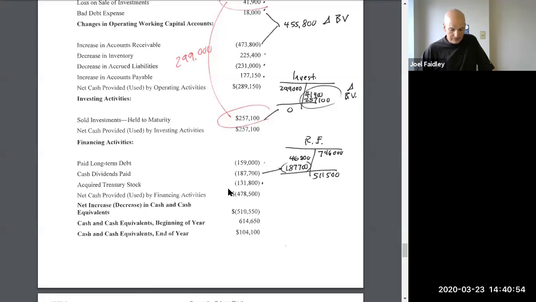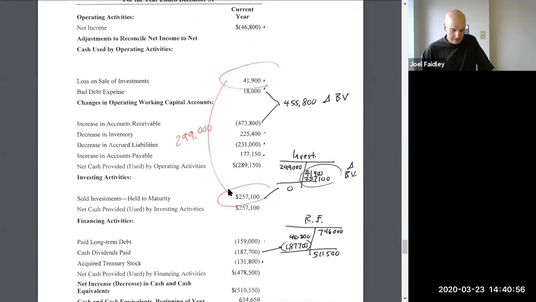And so I must have $257.1. But again, remember, make sure these balances, $41.9 and $257.1, equal the change year over year on your balance sheet. That's the gut check. Same way we do with accounts receivable. 455.8 is the change in book value for accounts receivable. You're just breaking this out for users of these financial statements to understand what's taking place with your cash.